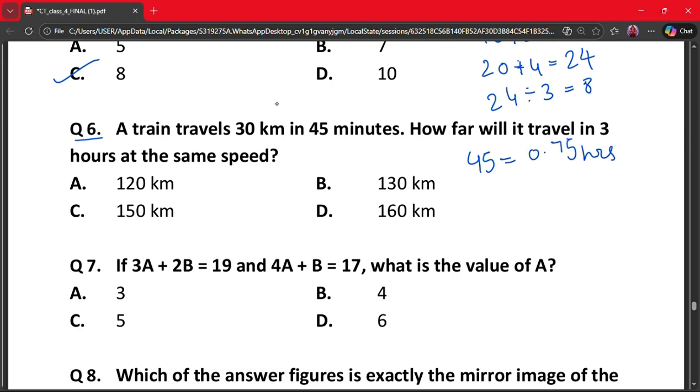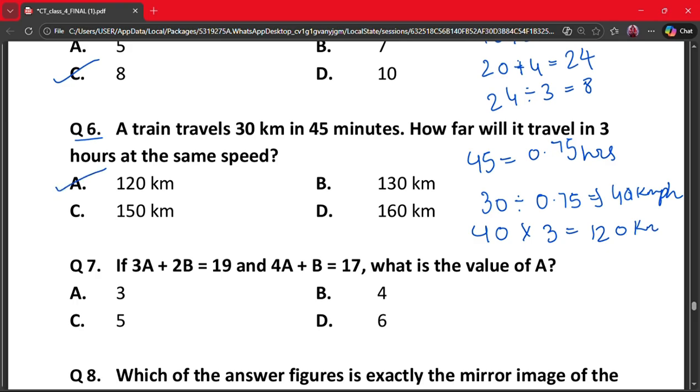So speed is equal to 30 divided by 0.75, that is equal to 40 kilometer per hour. So in 3 hours, it is equal to 40 into 3, that is 120 kilometer. So our correct answer is option A.